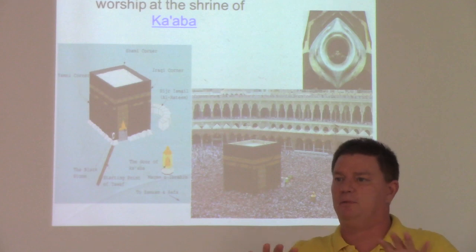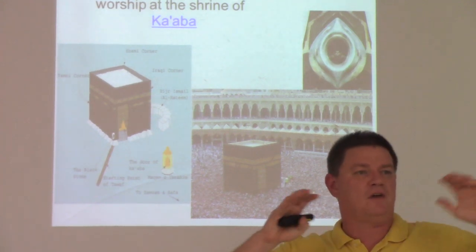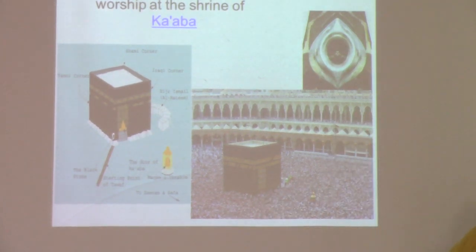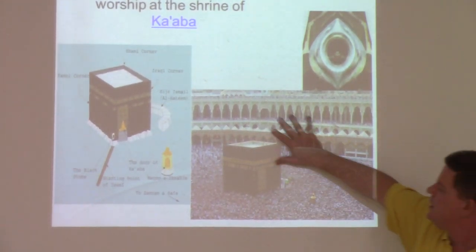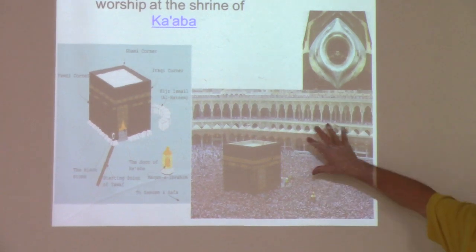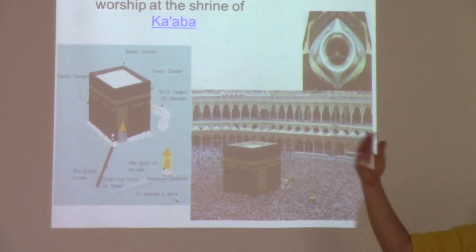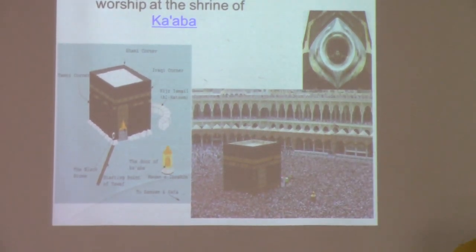Now that's a very simplistic kind of modern example, but that's the point I want you guys to see. So we have the Kaaba. Today, this is what it would look like surrounded during the Hajj, which we're going to talk about shortly.